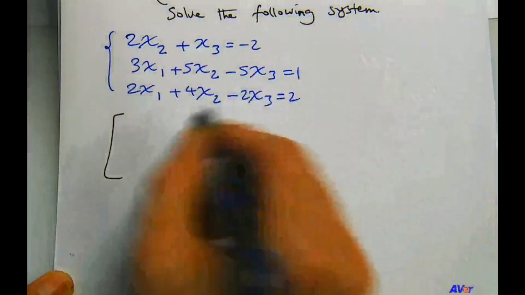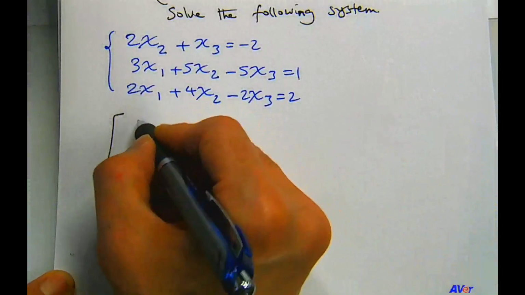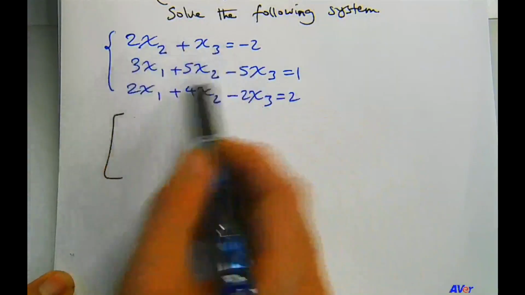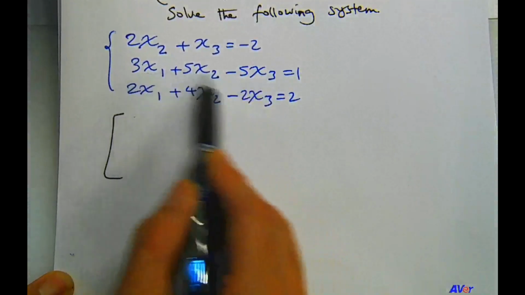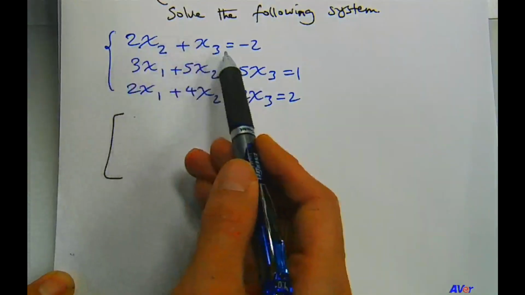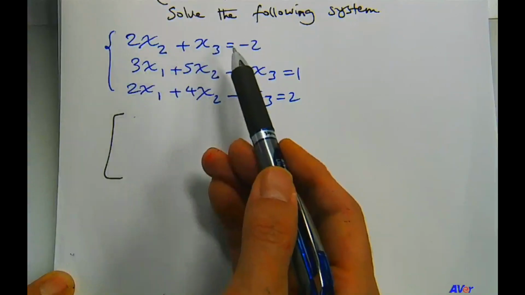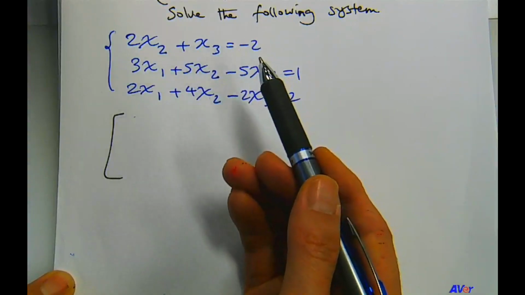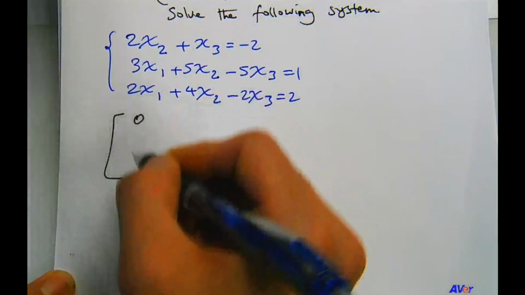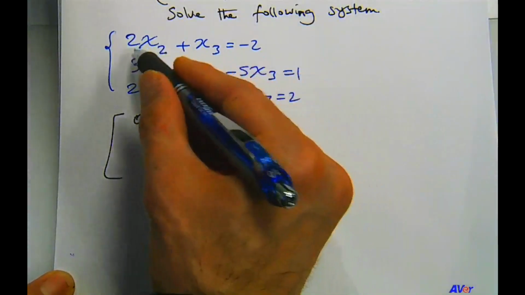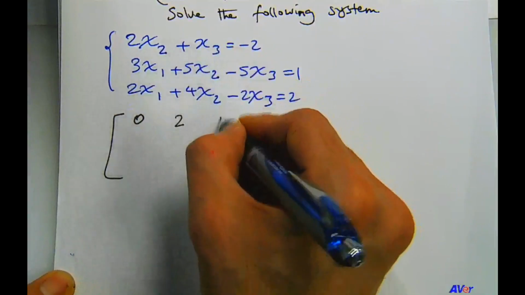So the beginning of this method is with the augmented matrix. Notice that we have 3 variables here, x1, x2, x3, but the first equation is missing x1. We cannot skip any coefficients, so because there is no x1, I'll have to put a 0 instead, and then 2, and then 1.